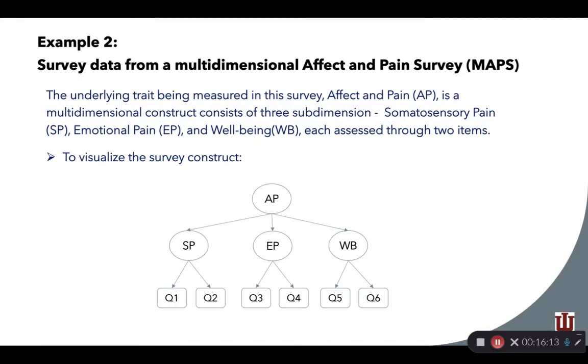And here, I first visualize the structure of this multidimensional survey. So we see the overall measure of affect and pain, which is AP, consists of 3 subdimensions: somatosensory, emotional, and well-being. And each subdimension is measured by 2 questions.